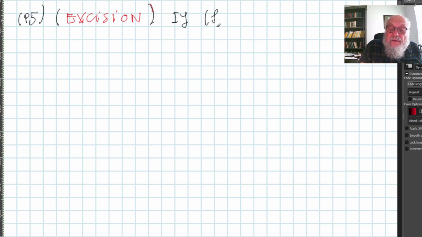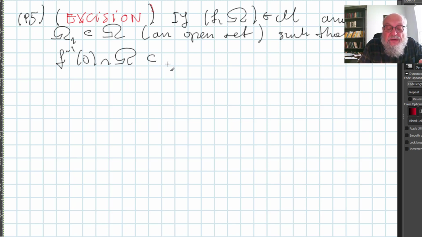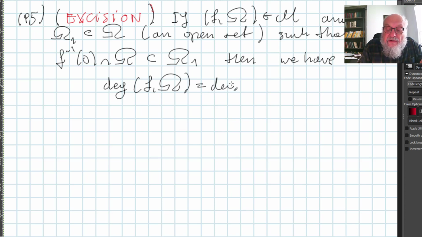If f, omega belongs to M and omega 1 is contained in omega, an open set, such that f minus 1 of 0 on omega is contained in omega 1, then we have that the degree of f, omega is equal to the degree of f, omega 1.